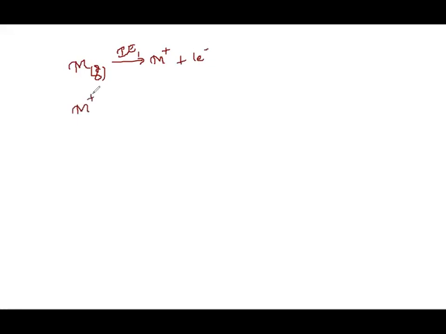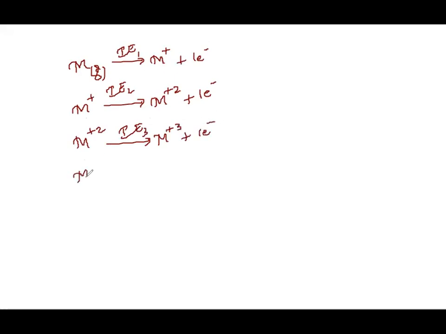Now take that unipositive ion, apply the second ionization energy, one more electron comes out. Take a bipositive ion, apply the third ionization energy, the third electron comes out. Again, take the tripositive ion, apply the fourth ionization energy, the fourth electron comes out.